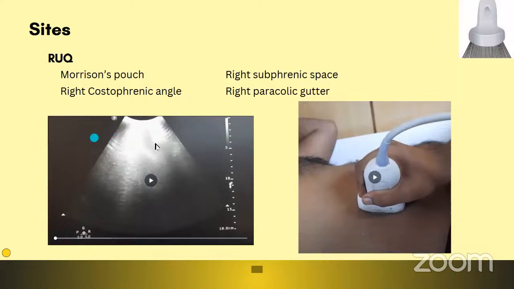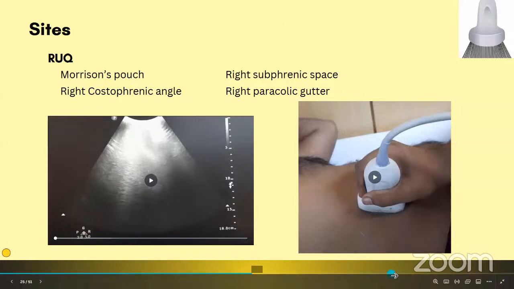are you able to appreciate these transverse lines? I was able to clearly see it when I had gel over the probe. When there was no gel over the probe, the probe was just directly in contact with the air, so it was completely dark, anechoic. However, when I added gel to it, it somehow showed these transverse lines. Then I imagined that fluids would reveal more of these transverse waves.